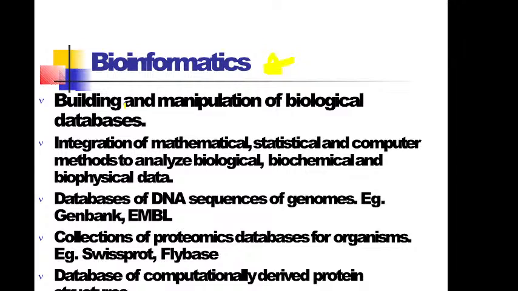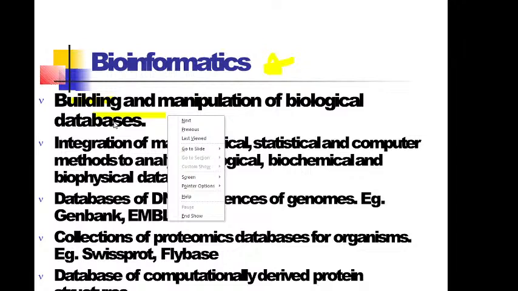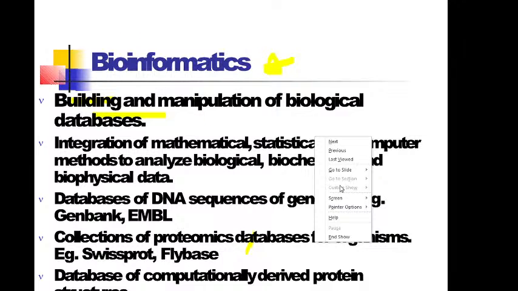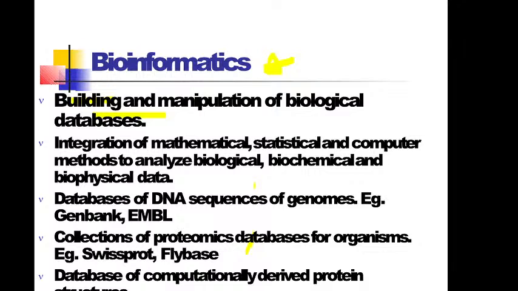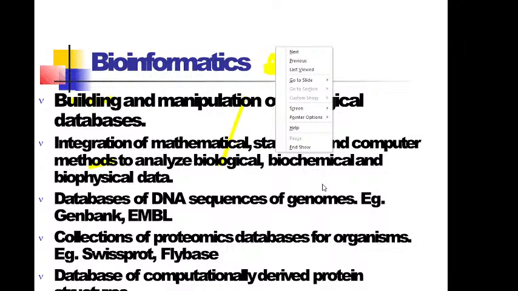In bioinformatics, like I already told you before, it is the building and manipulation of biological databases, and the integration of mathematical, statistical and computer methods to analyze biological, chemical and biophysical data.